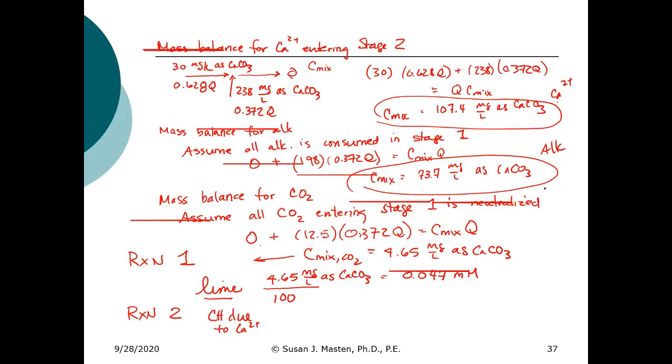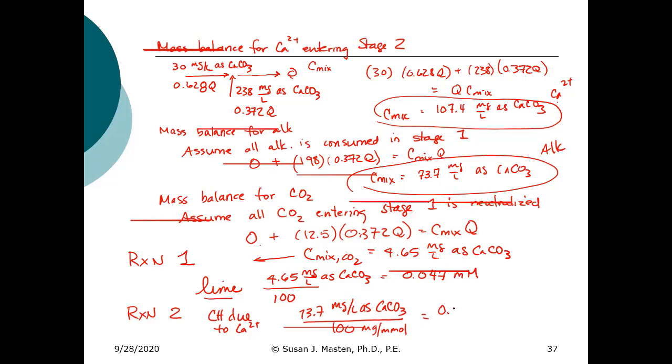Okay. So that means that I have 73.7 milligrams per liter as calcium carbonate. That's my carbonate hardness due to calcium. We'll divide that by 100 milligrams per millimole, sorry, molecular weight of calcium carbonate.